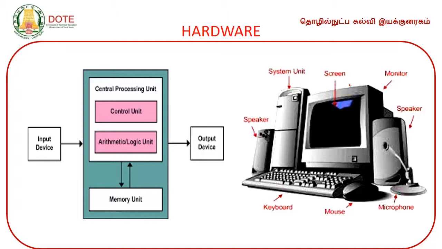It has different types of devices for input and output, and the system unit or system box holds the CPU. In the system box, there are motherboards, power supply units, hard disks and CD drives, etc. All the components are inside the system unit.